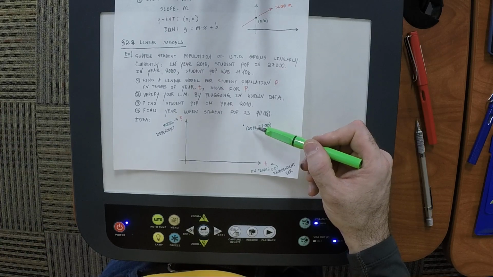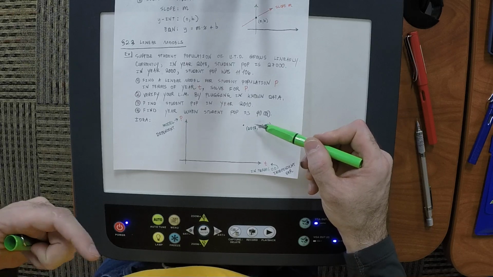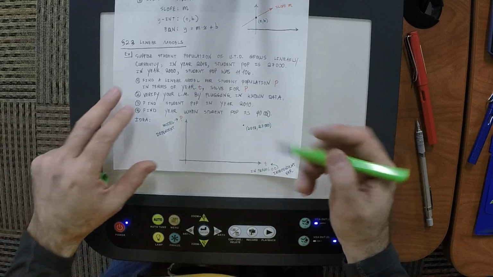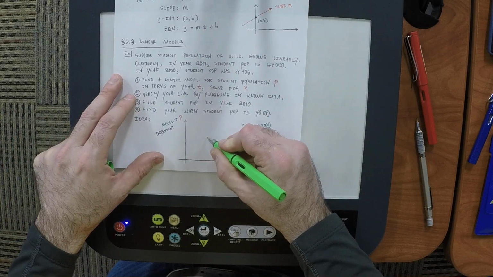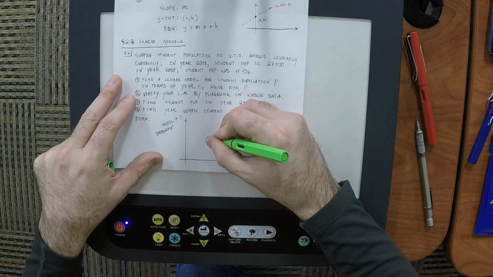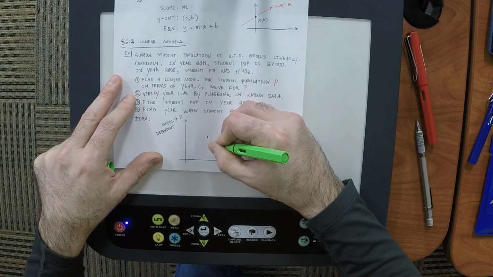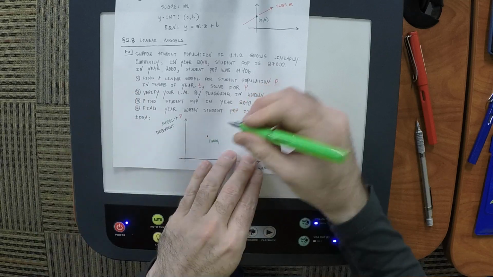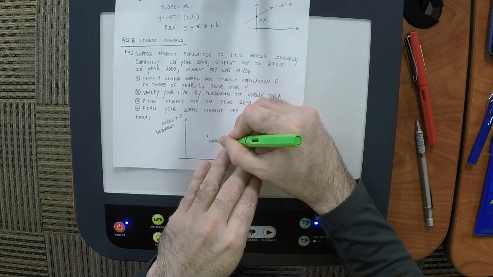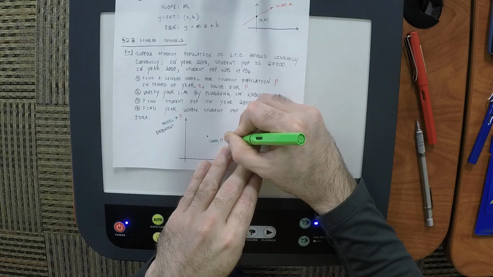And similarly, relative to this point, should it be down or up? Should be down because it's a lesser population. (2000) and population 11,106.